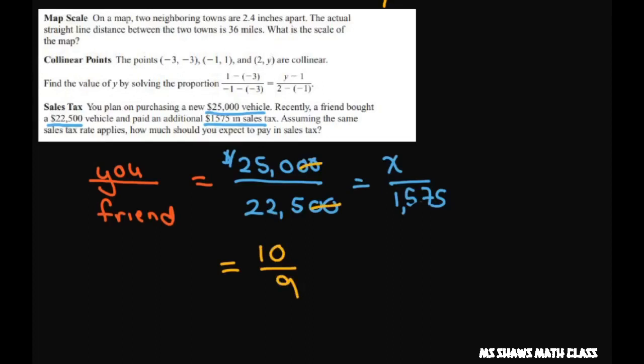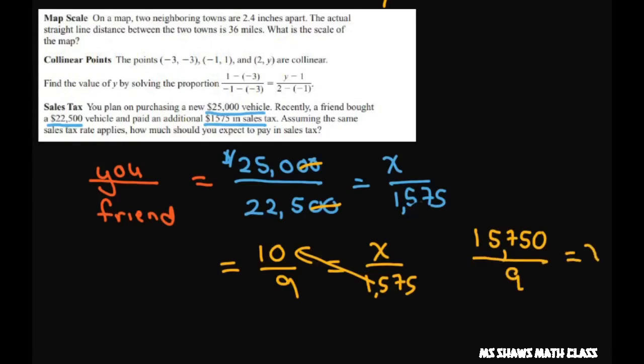Cross those out, and you can reduce that like that. All right, then we still have your x and 1575. Now I just cross up there, and that gives me an additional 0, so that's 1575, and then add that 0, divided by 9 equals x.